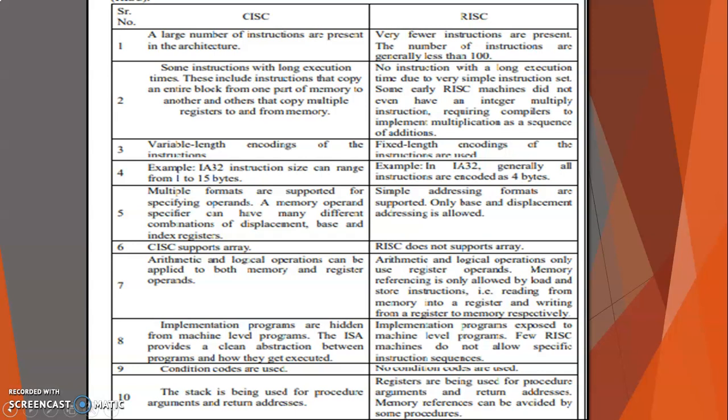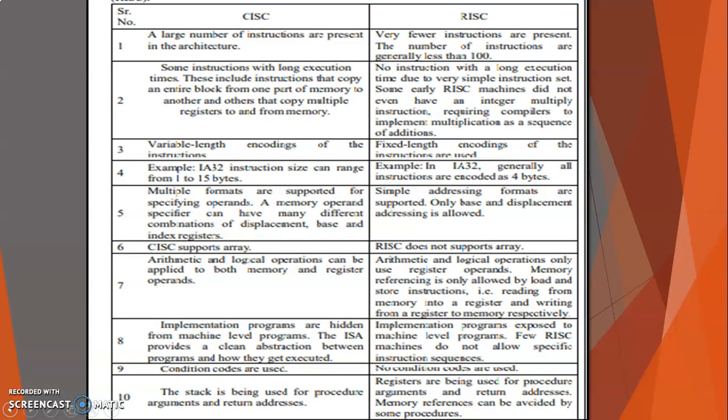RISC: fixed length encoding of instructions is used. CISC example: IA32 instruction size can range from 1 to 15 bytes. RISC example: generally all instructions are encoded as 4 bytes.